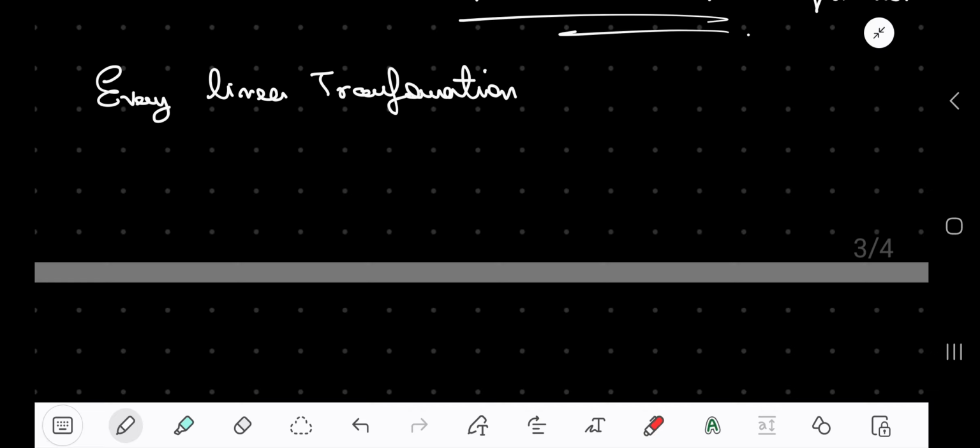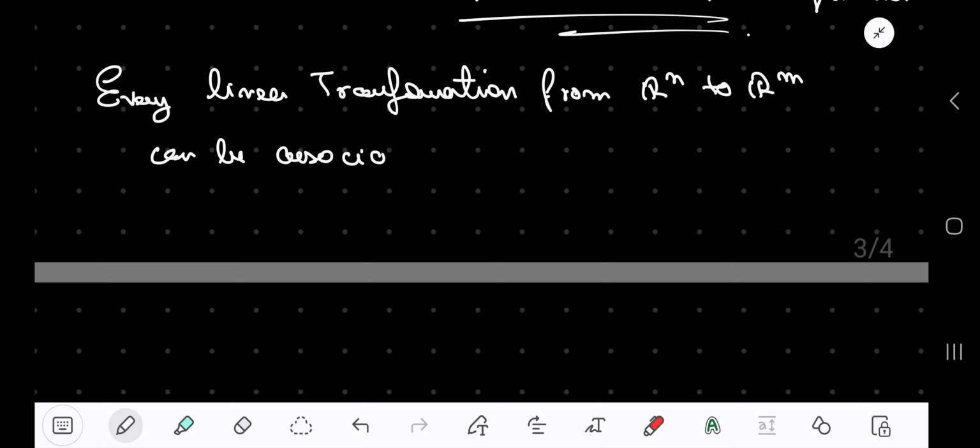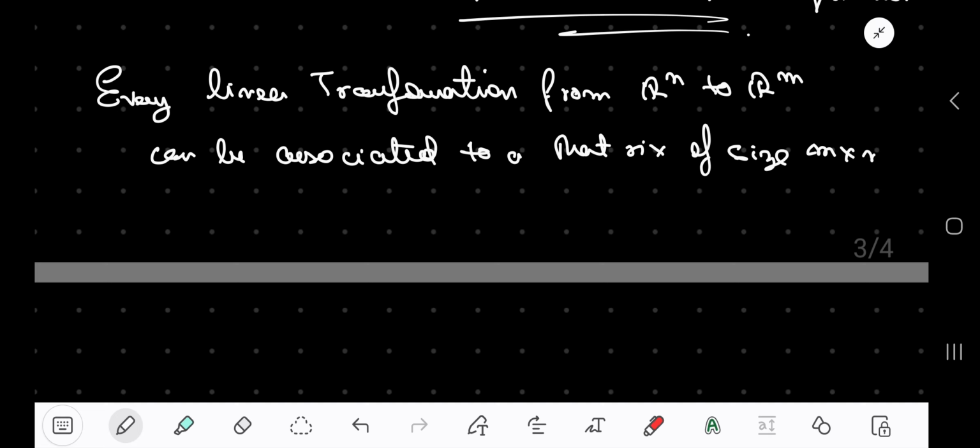What's more important is the following statement, that every linear transformation from some Rn to some Rm can be associated to a matrix of size m cross n.